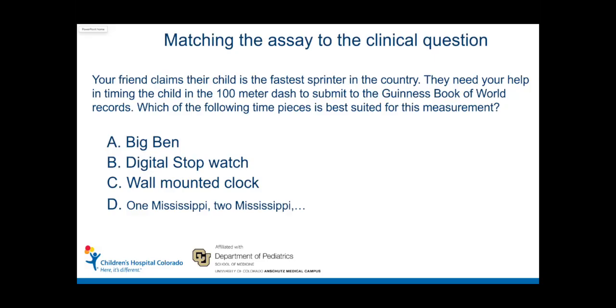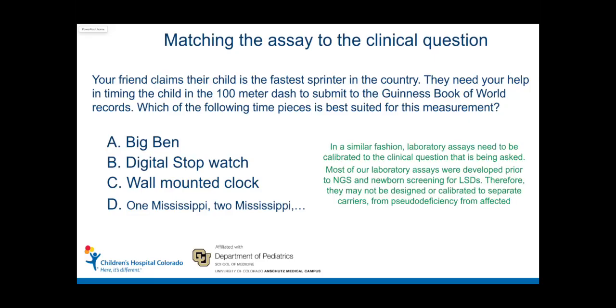All of them will try to get you the relevant amount of time it takes for this child to complete this task. But the point I'm trying to make is that laboratory assays need to be calibrated to the clinical question that we're trying to ask for the patient in front of us. A lot of the older methods that we've used were developed prior to next generation sequencing, prior to newborn screening.